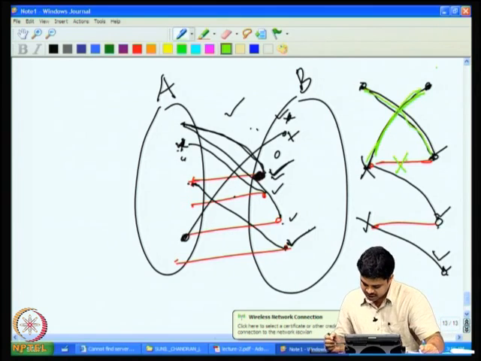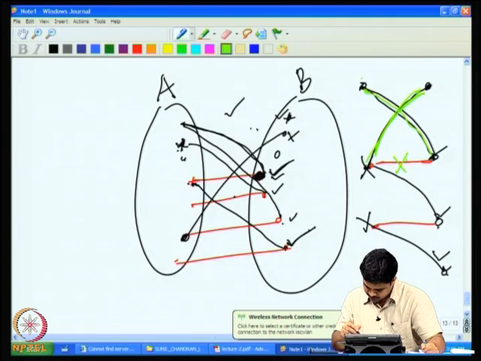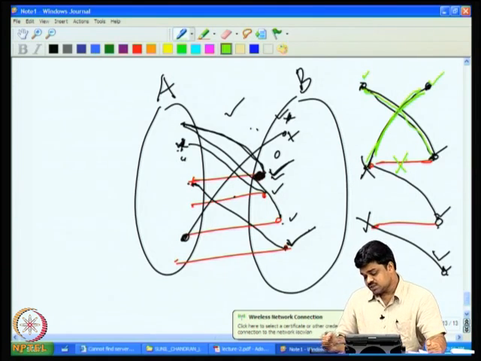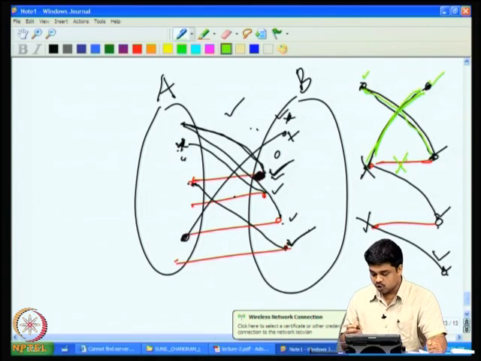But this is an interesting kind of alternating path, as you see. This starts with a vertex on the A side, follows an unmatched edge, then a matching edge, then an unmatched edge and goes to an unmatched vertex. This kind of alternating path is called an augmenting path. Why is it called an augmenting path?